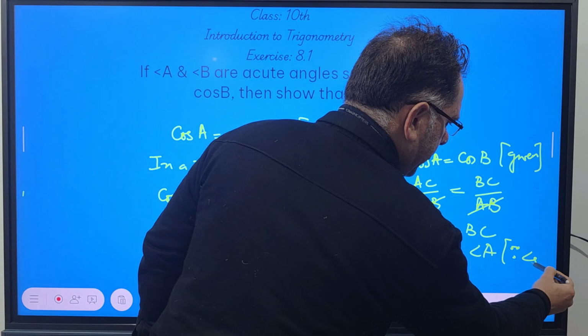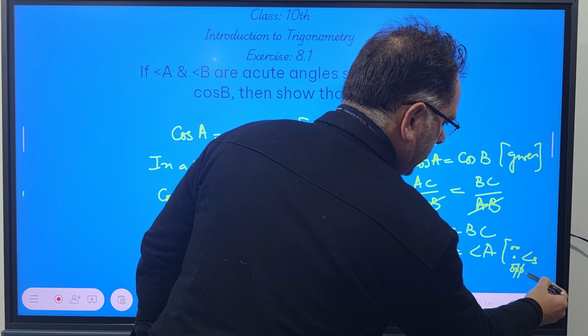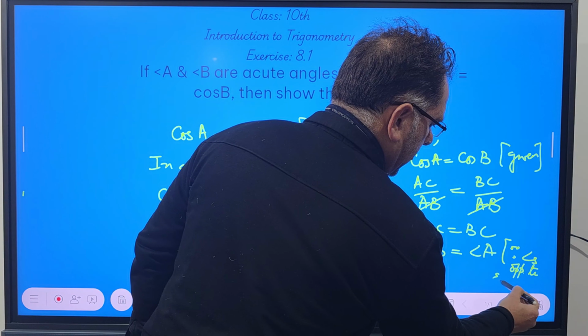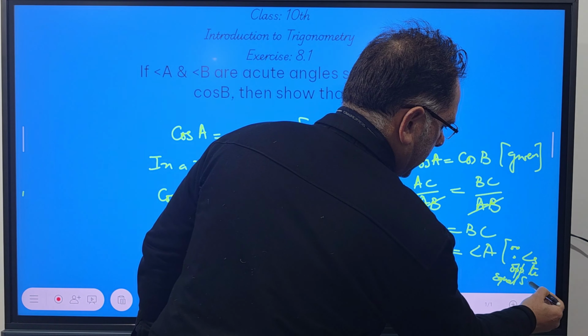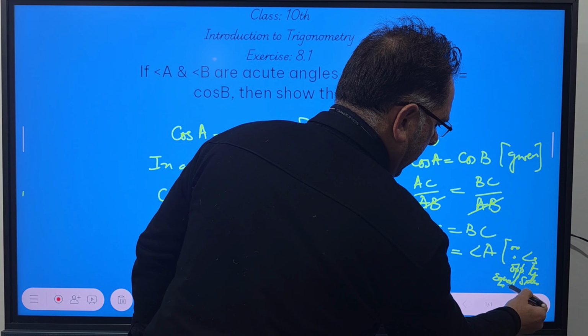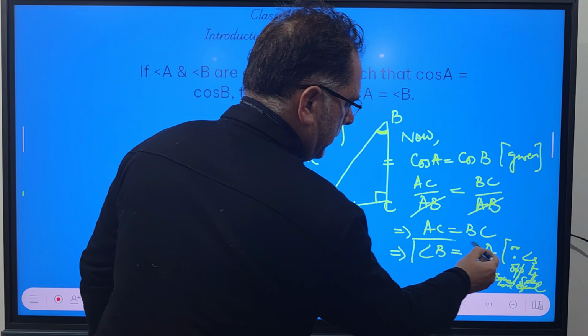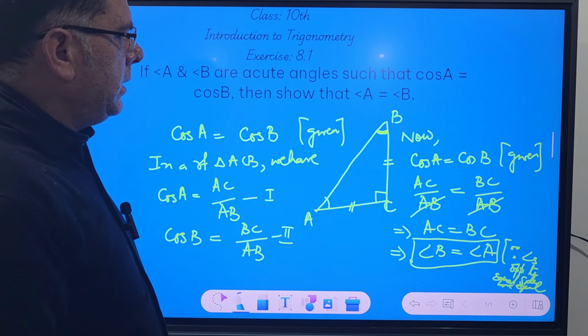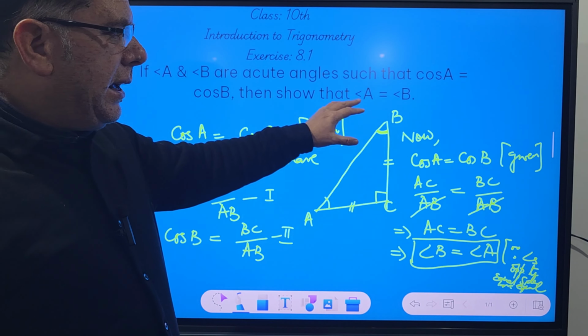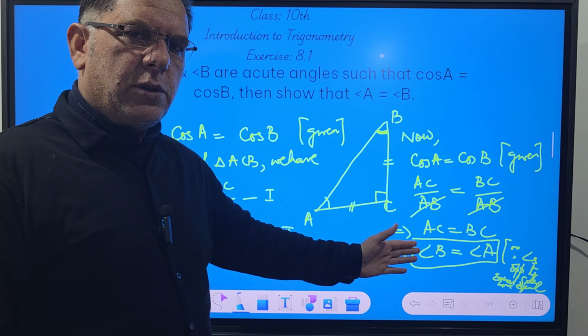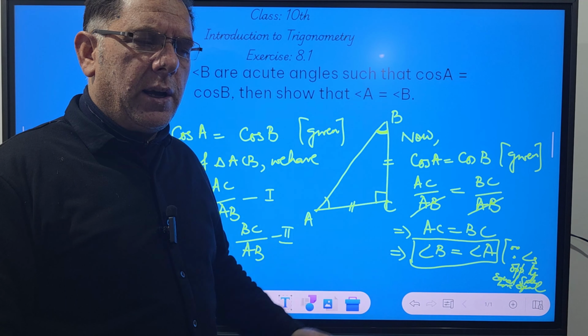We had to show that angle A is equal to angle B, so we got here angle B is equal to angle A.